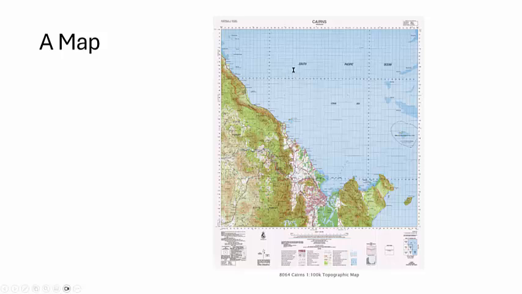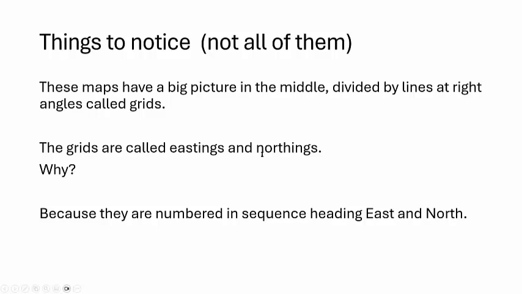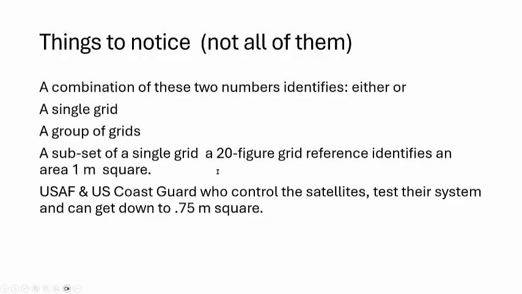Now we can identify individual squares by their numbers, or a group of individual squares by a different sequence of numbers, or a subset of those squares by, again, a different sequence of numbers, all derived from these numbers at the top, bottom, left and right. Now, they are called eastings and northings because they are numbered in sequence to the east and to the north.